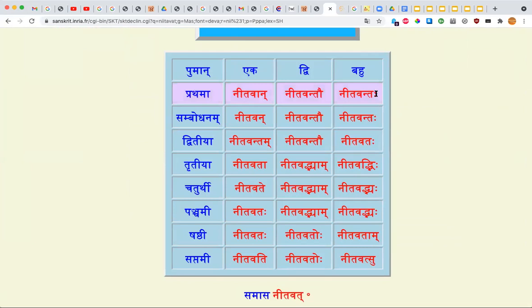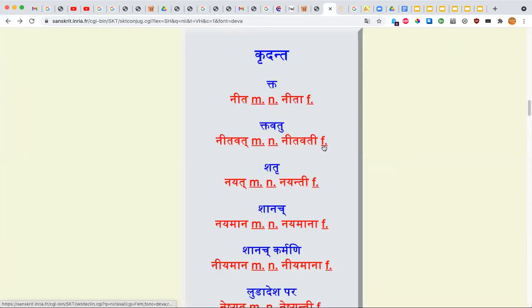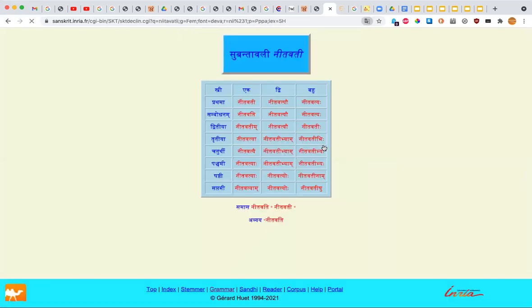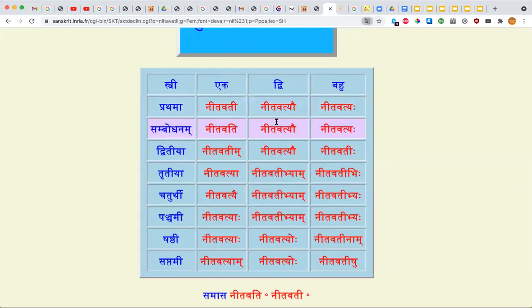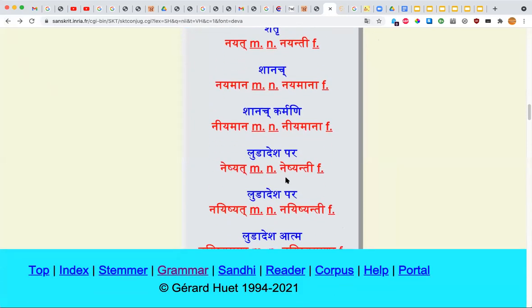Nitavan, Nitavantau, Nitavantaha, ityadi. So you can find the Tavatu forms also. And if you click on the F, it will give you the Strilinga form. Nitavati, Nitavatyau, Nitavatyaha, ityadi.